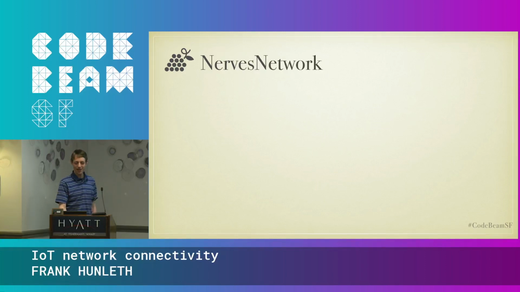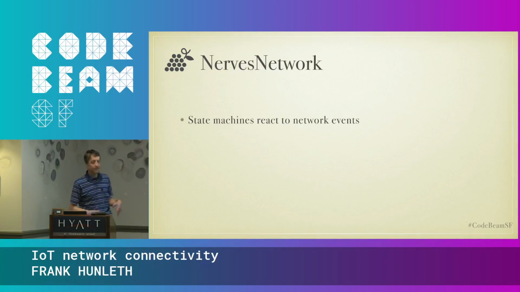some mistakes I made. So Nerves Network, this is the current Nerves networking stack. Back when I wrote it, I got really excited because I could express state machines very nicely in code. A lot of the ways networking works, like your Ethernet interface comes up, that triggers an event that goes to the state machine to start kicking off a DHCP request.